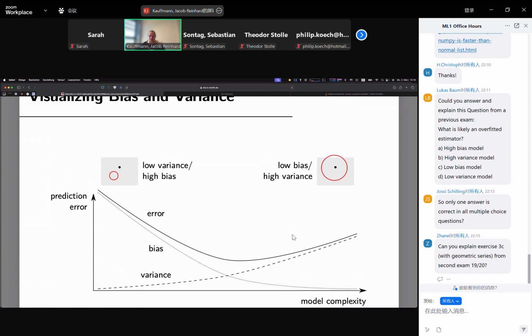And overfitting means something prevents you from learning the correct parameter. So ideally, we want low bias and low variance, because this will be the best estimator.